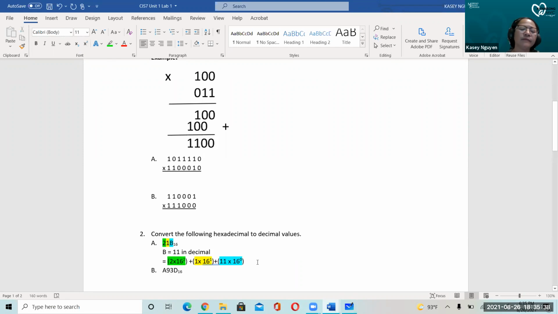Then you can multiply everything out and you would get your result.